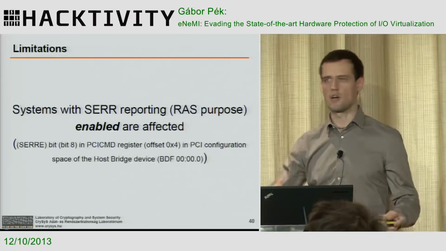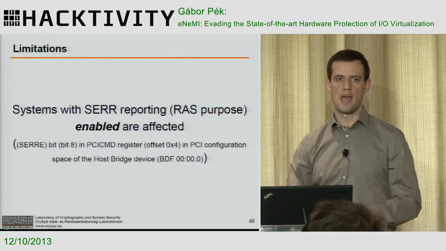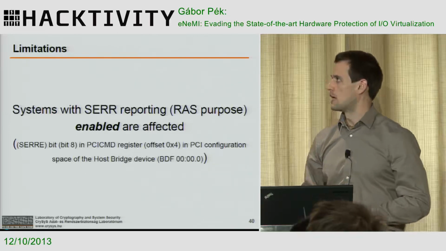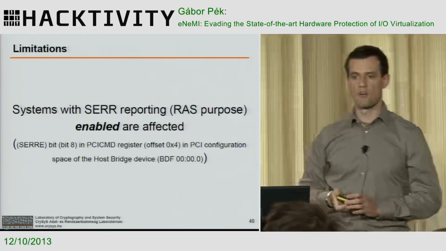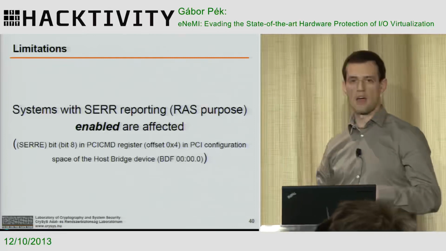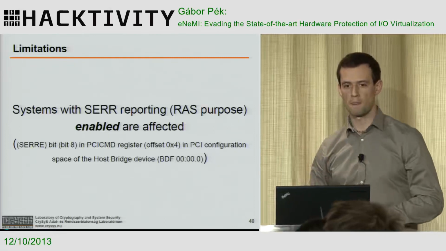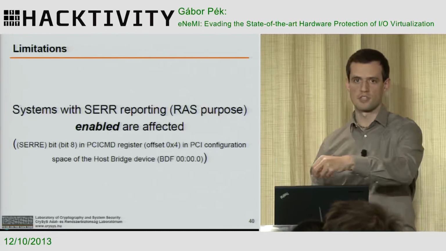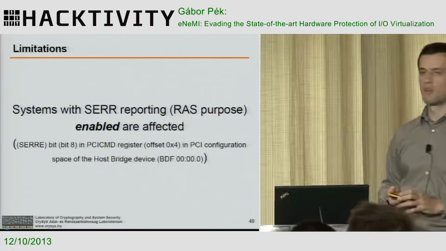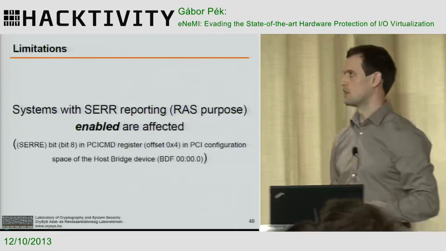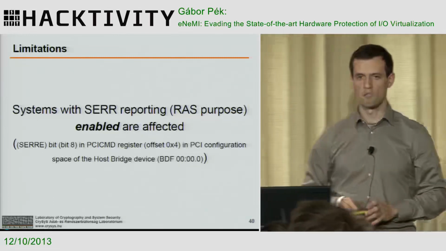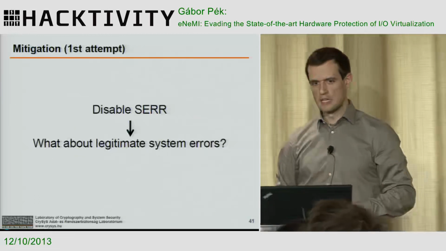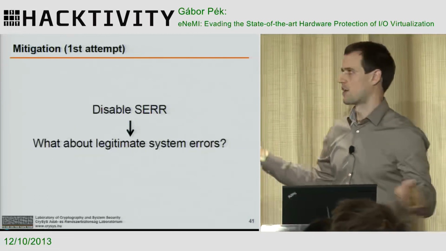Whenever you see a hardware error, you get informed and you can do what you have to do. So these are enabled for RAS purposes, error handling and error reporting. If somebody is interested in whether his system supports system error reporting, you can download the slides later and check the fields I put in small font size. So what kind of mitigations are there?